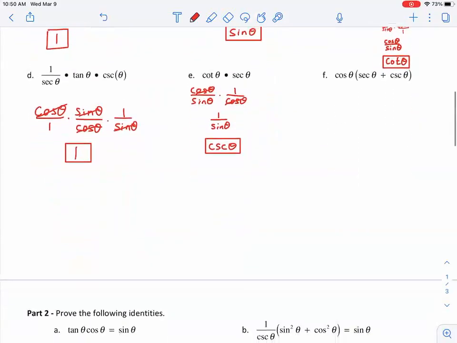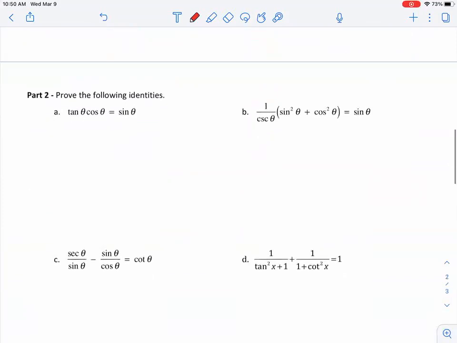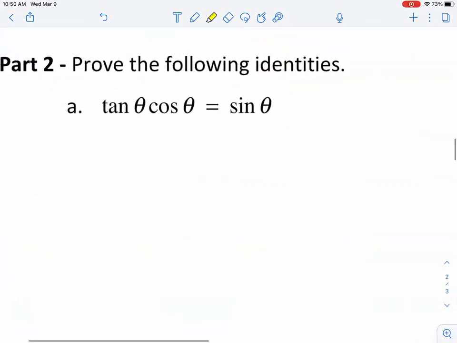All right, well, let's scroll down then to the next part where it says prove. That is a big word. A proof means, in math terms, we already know the answer, but we have to show the work. So this question is saying, this is true.